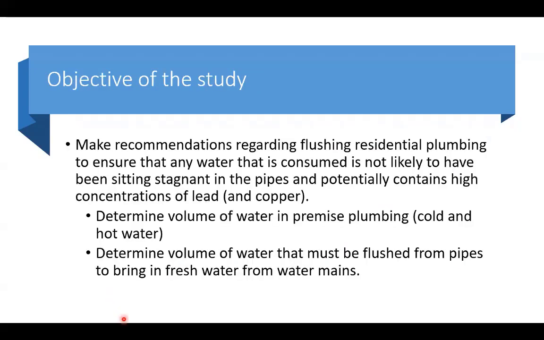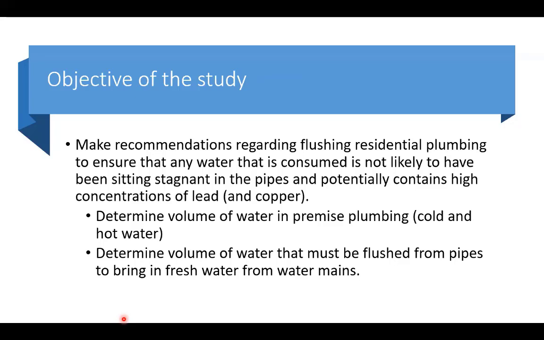All right, well, let's then look at the study that you will do. So this is kind of a combination assignment, lab, but it's going to count as an assignment. So what you will be doing, and you'll do this in your team, you will be making recommendations regarding flushing residential plumbing, and this is why I've gone through the discussion about distribution systems.